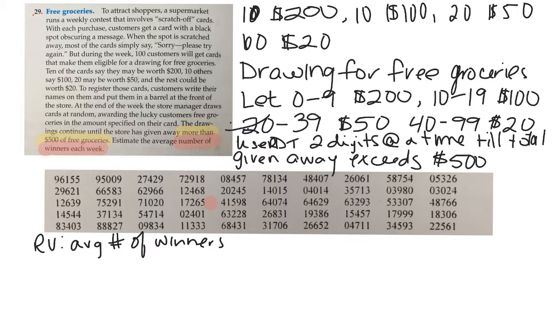Okay, so the first one is 96, $20. So in my calculator, I'm putting in 20, 15, 100, 59, $20, 50, $20, 909, plus 200.